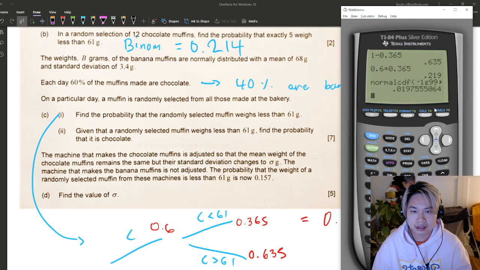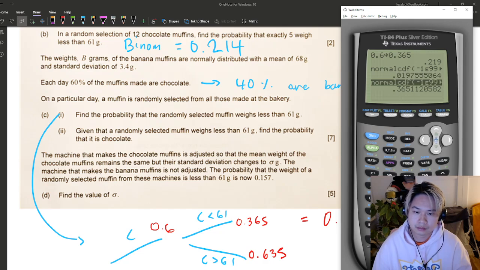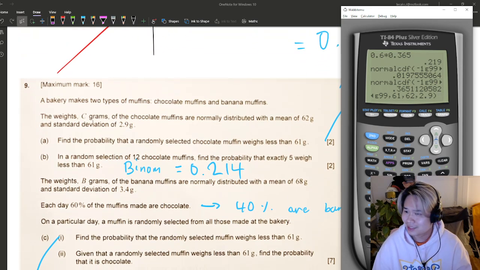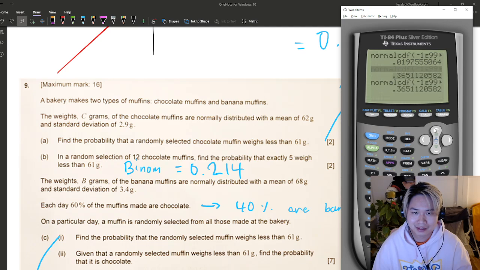Okay, so this one has a different, whoa, why is this so different? Did I mess up the first one? Hold on, let me just double check my numbers. Oops, not that one.